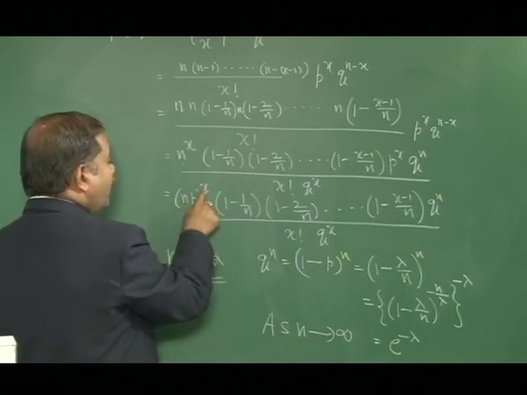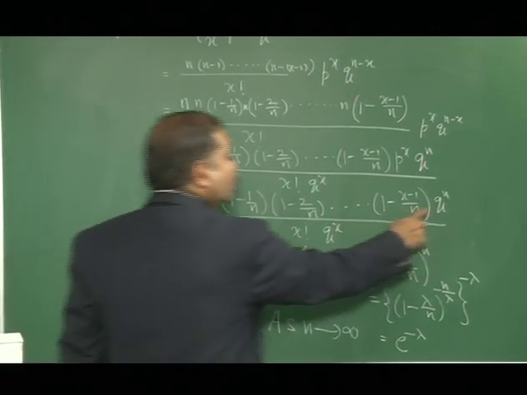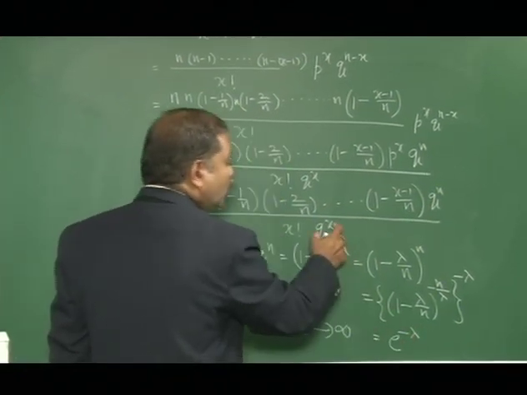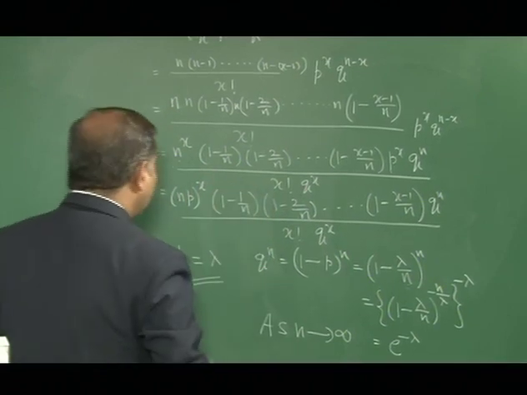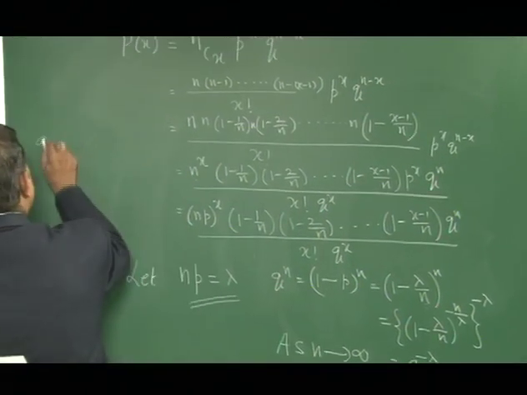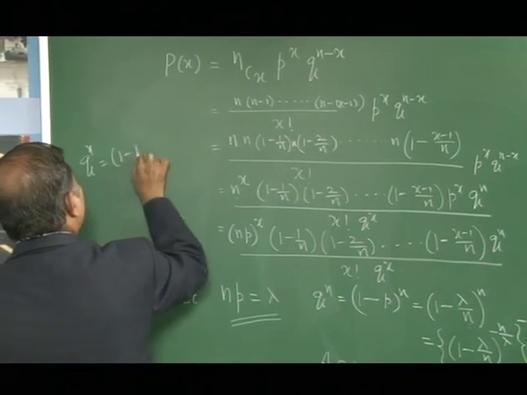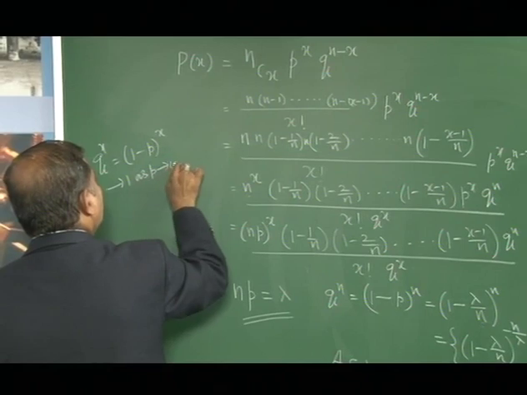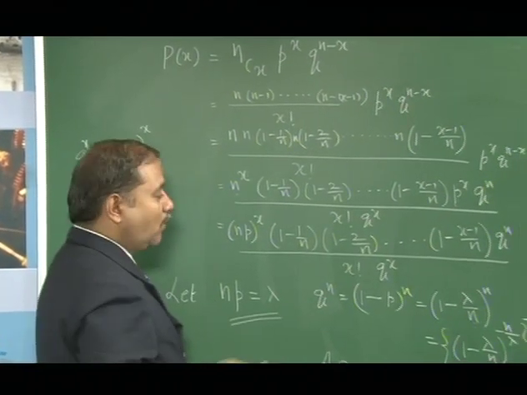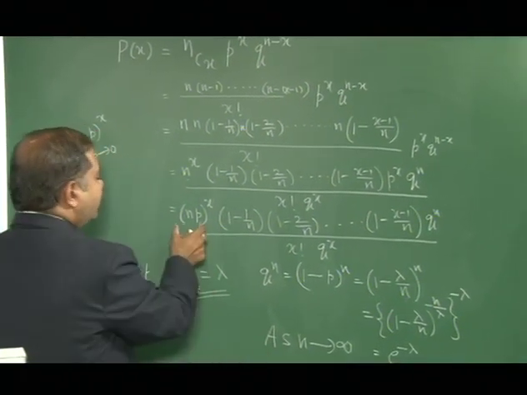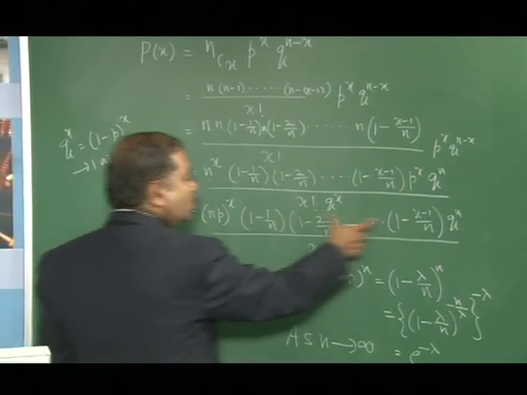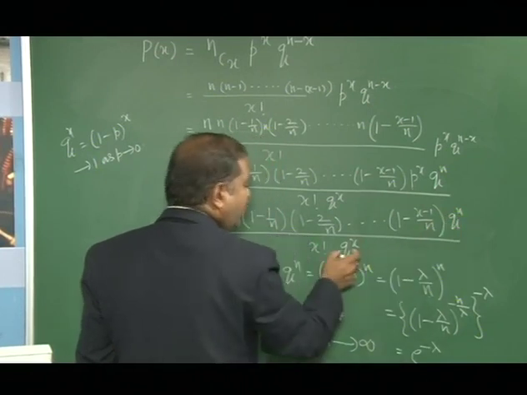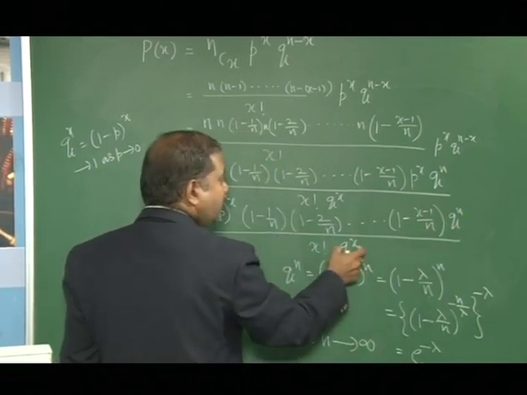This is lambda power x. q power n has become e power minus lambda. q power x is also 1, because q power x is equal to 1 minus p power x, which tends to 1 as p tends to 0. So what happened? Automatically this is lambda power x, this totally is 1, q power n is e power minus lambda, only x factorial, and this has become 1.